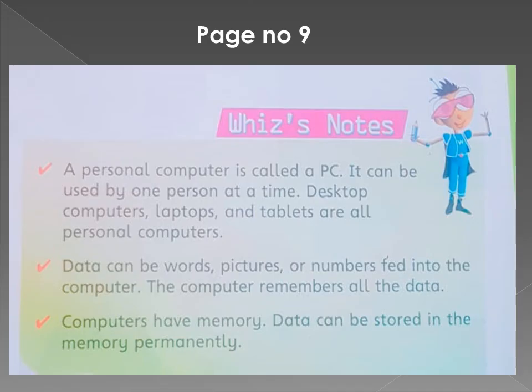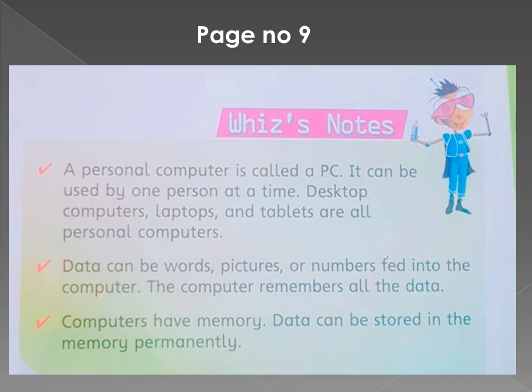This is page number 9, with notes. These are the main points of the full chapter. You can see a small summary of the chapter. Let's start. A personal computer is called a PC. It can be used by one person at a time.